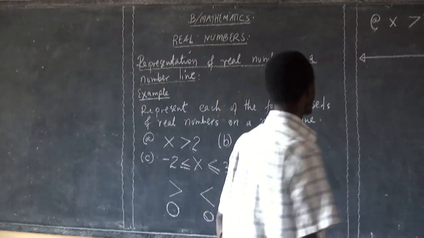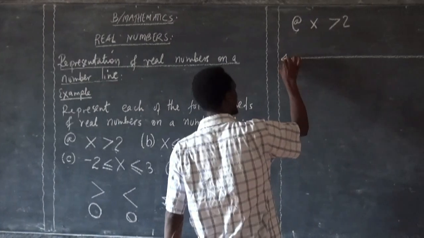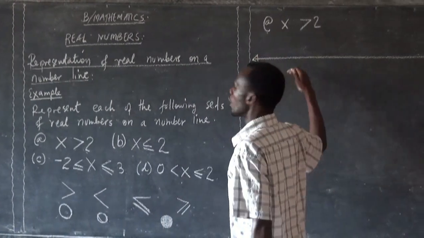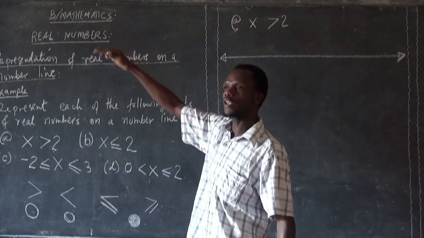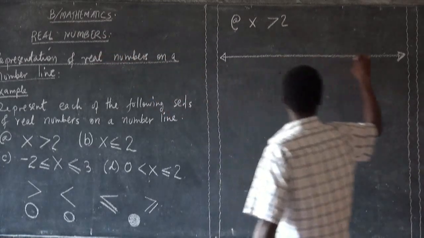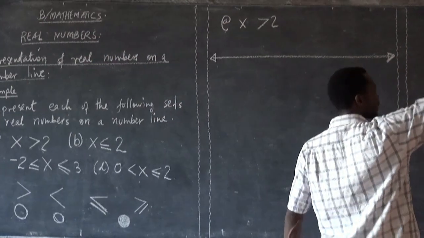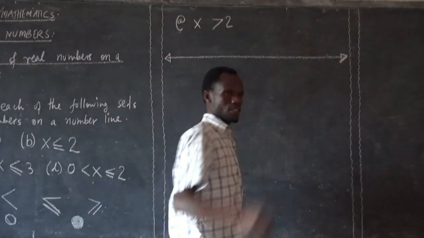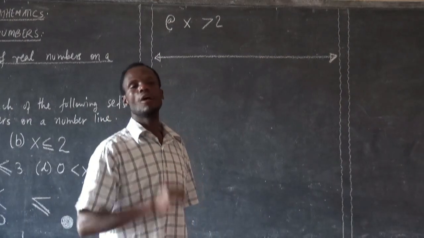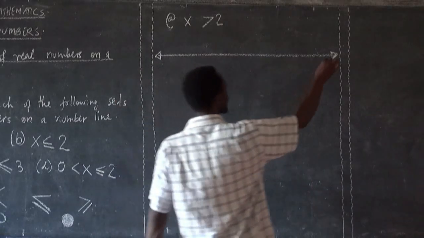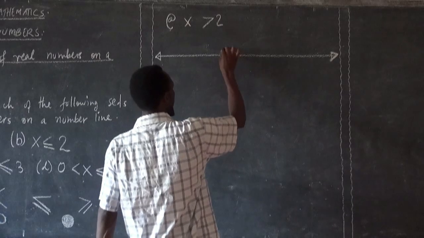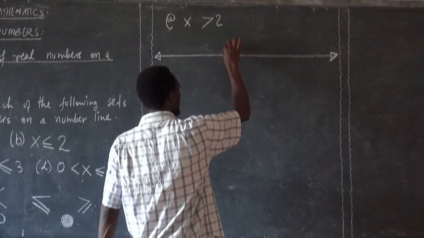And that's why we show it with an arrow, meaning that negative will go on and on, and positive will go on and on at infinity, meaning it has no ends. There is no limit. And therefore we divide our number line.